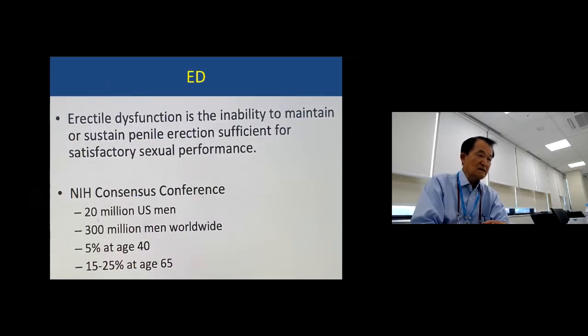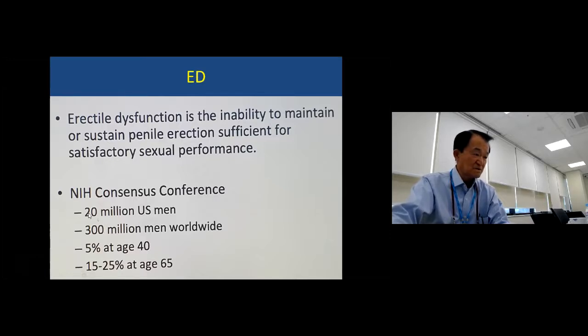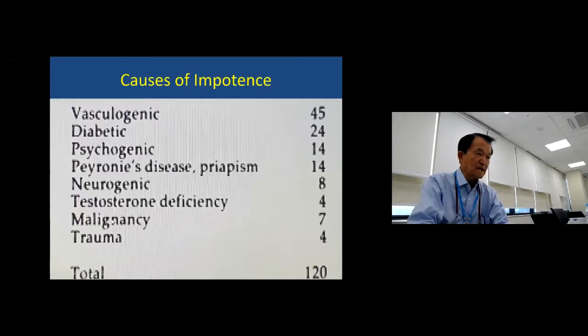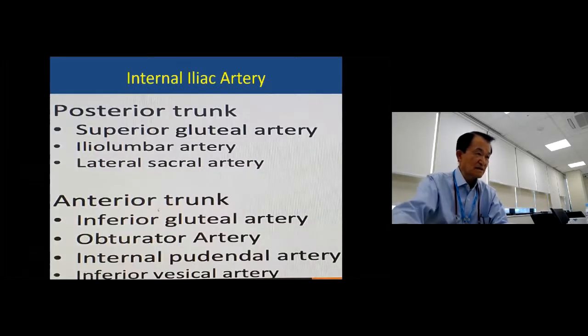But if there is some obstruction of the penile vessels, there are lots of people, in the NIH study, about 25% at age 65, and 20 million American men. The importance is that there are other causes, but the vascular cause is curable if we diagnose it.